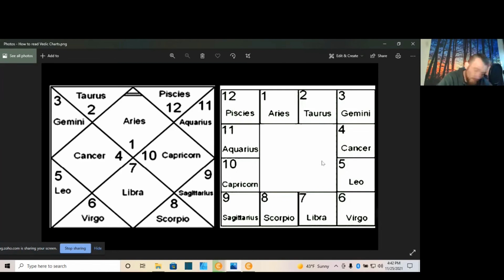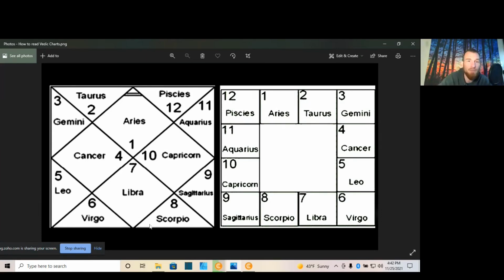The other reason why I like to use the South Indian style chart is whenever I'm doing synastry, which is where I'm looking at some type of relationship consultation, whether that's a marriage consultation or a parent and a child or business partners, or anytime you're taking two different people and seeing how they are going to line up and work together, and looking for the synastry, the karmic connection points, I use the South Indian style.